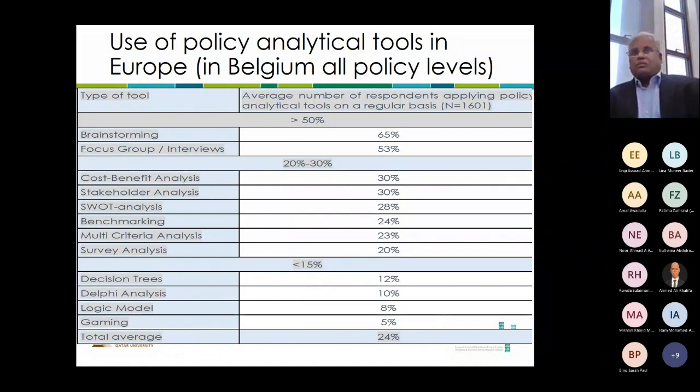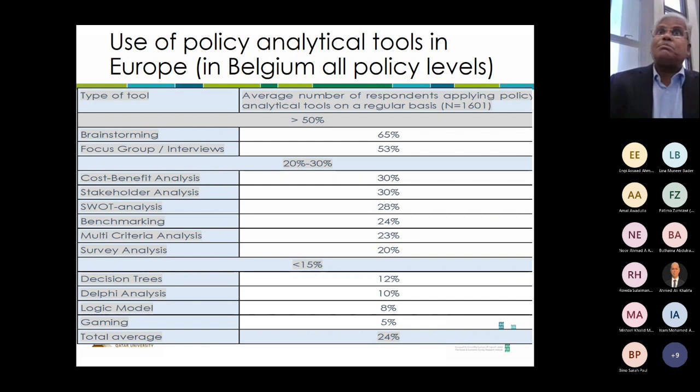Among the most important standard methods of policy making, around 30% of policy analysts have used these methods: cost benefit analysis, cost effectiveness analysis, stakeholder analysis, SWOT analysis, benchmarking analysis, multi-criteria analysis, and survey data analysis. So the percentage of analysts using these methods ranges from 20 to 30%.